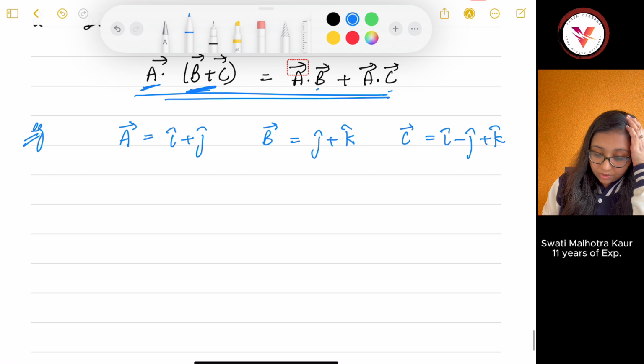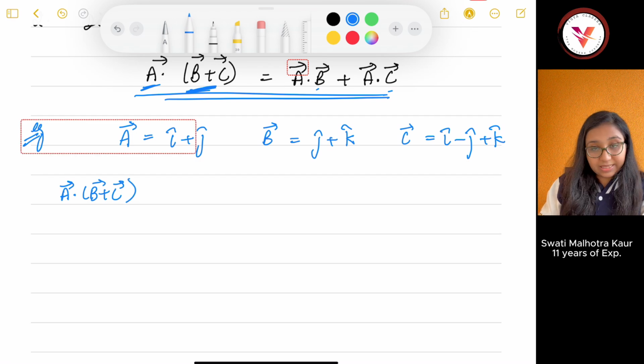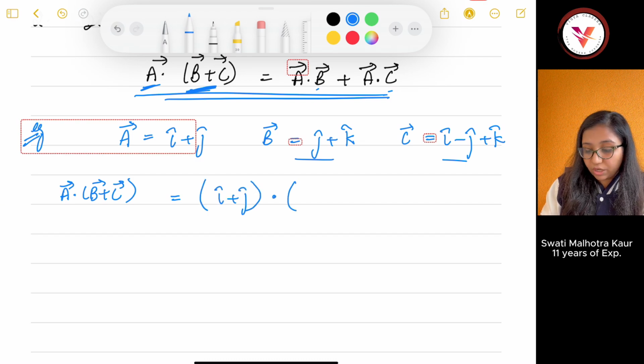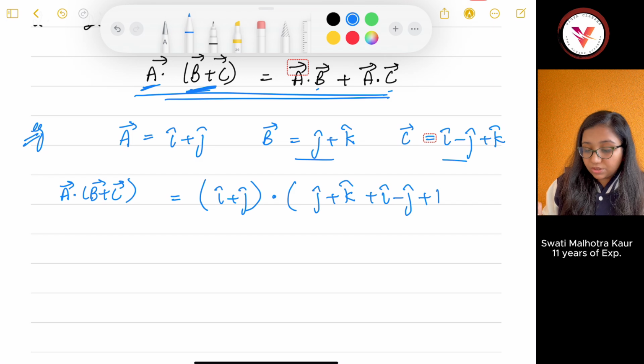So first, A dot (B plus C) is what? You have to add B and C and then take a dot product with A. So A is i cap plus j cap, and you want a dot product with B plus C. So B is j plus k, and C is i cap minus j cap plus k cap. Just take a dot product. First solve this thing.